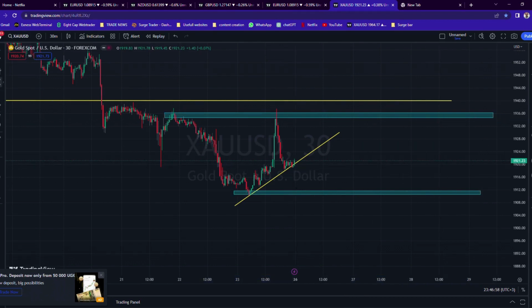Now during the course of the next week, we are more likely going to see some more sells on gold, because the trend on the downward side is really strong.